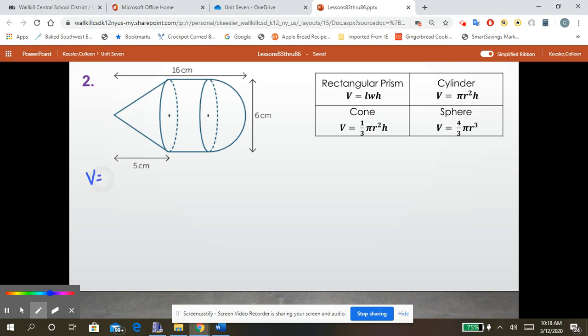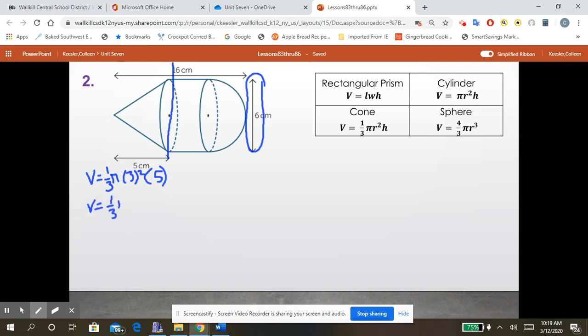So volume equals 1/3 pi times the radius squared. Well, we know the whole distance across is 6, so that would make sense that the radius is 3. And the height of just the cone looks like it should be just 5. Okay, so going across, we have volume equals 1/3 pi times 9 times 5.